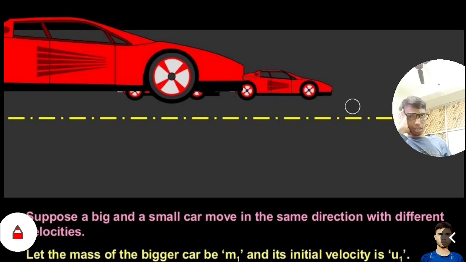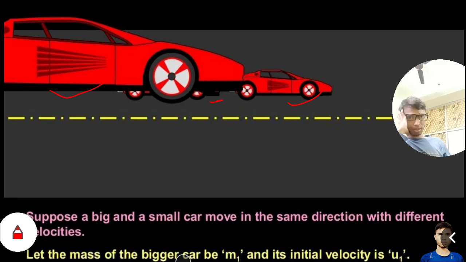Now here in front of you there are three cars. One is here, one is over here, and one is behind this. Suppose a big and a small car move in the same direction with different velocities.